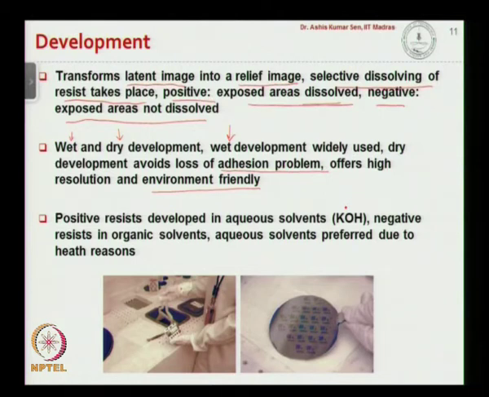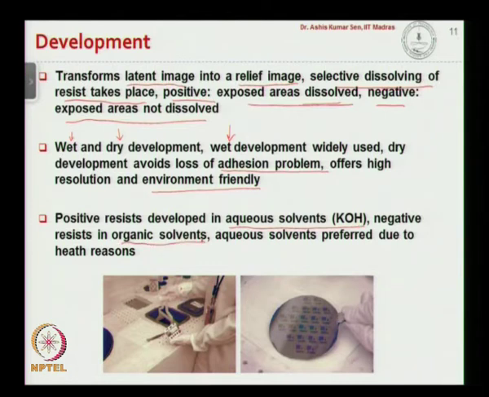So normally the positive photoresists are developed in aqueous solvents, something like potassium hydroxide, and the negative photoresists are developed in organic solvents.